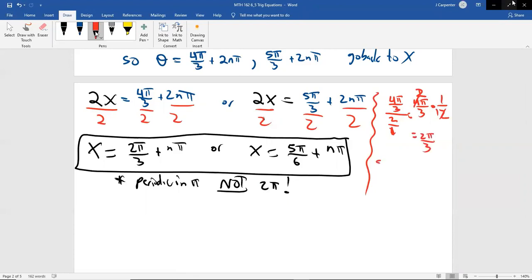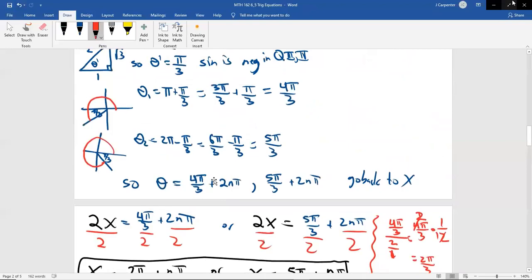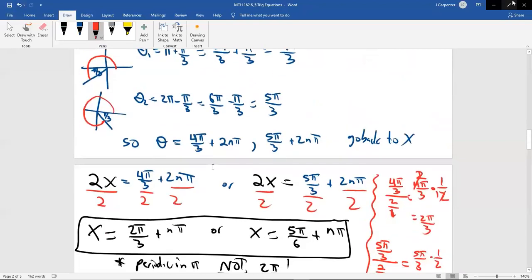For the 5 pi over 3 divided by 2, that's divided by 2 over 1, so that's 5 pi over 3 times a half, which clearly gives you your 5 pi over 6. Now, I did not go through n equals 0, n equals 1, n equals 2, any of that stuff, because this problem did not have any restrictions.